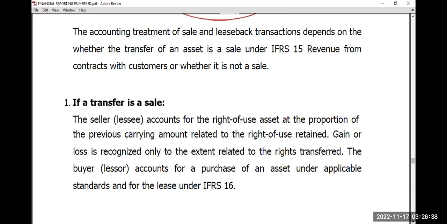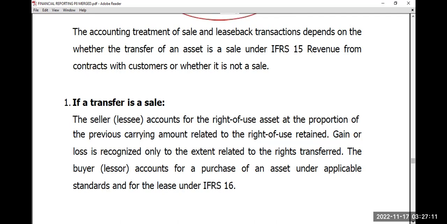Then we shall also compute a gain or loss, which will be recognized only to the extent related to the rights transferred. Then the buyer is now going to be the lessor, because after buying, it's going to give you the asset and you start paying back some money under a lease arrangement.